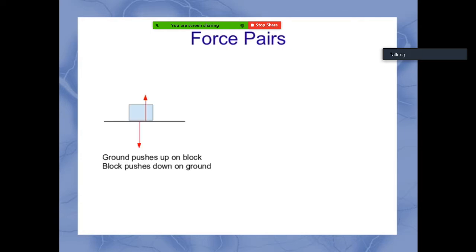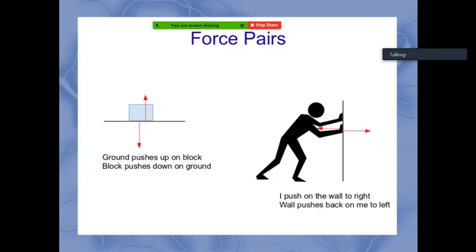The ground pushes up on the block with a normal force, but the block also pushes down on the ground. If I push on the wall to the right, the wall pushes back on me to the left. These are force pairs. I push on it, it pushes back on me. In both cases, I can't push through the wall and the wall doesn't push through me.